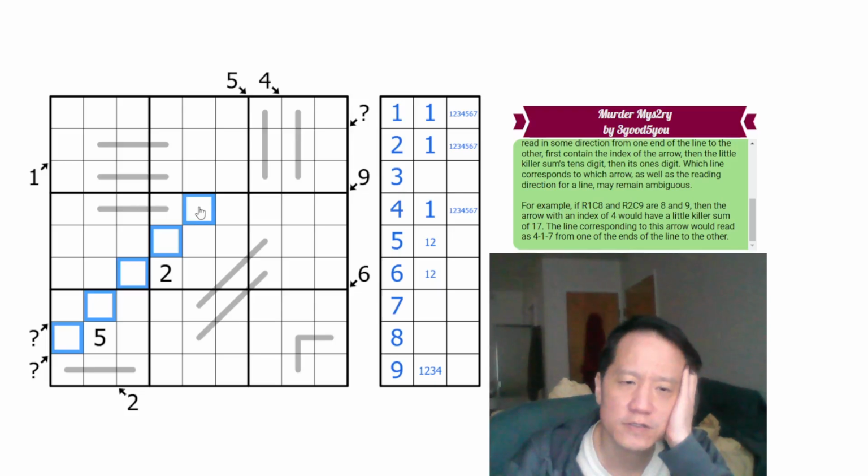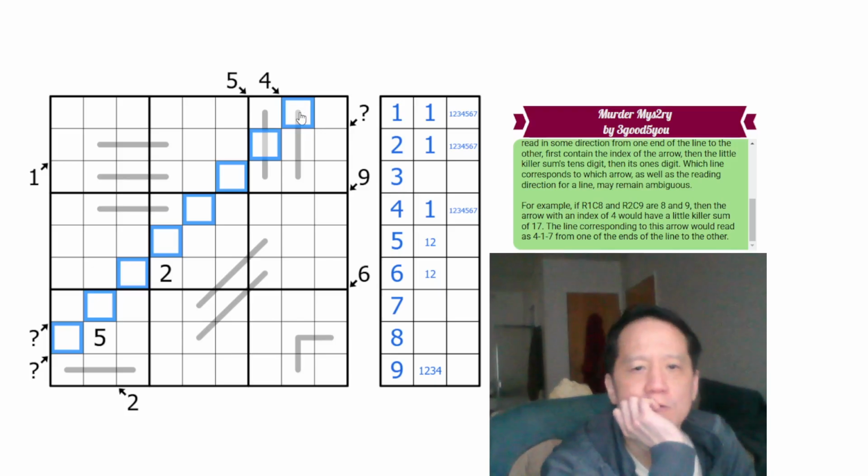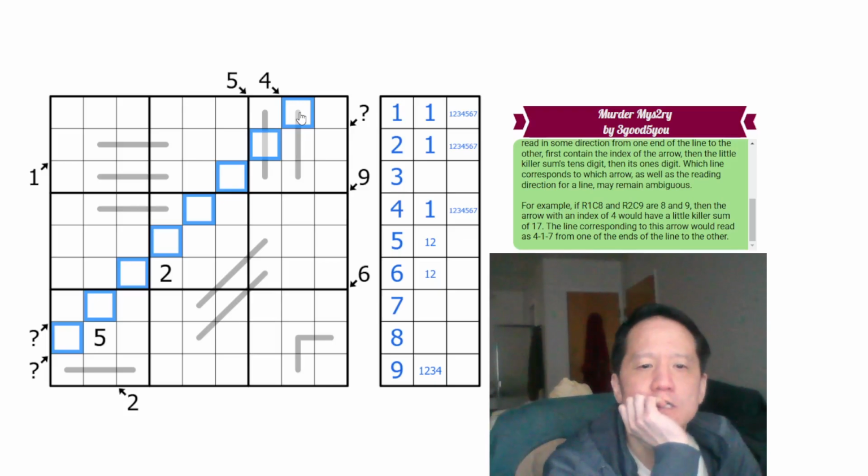This is obviously 1 to, what is the question? This could be 8 and 9 plus 9. So 9 could be 1, 2, 3, 4, 5 times here. One, two, three, four, 5 times.